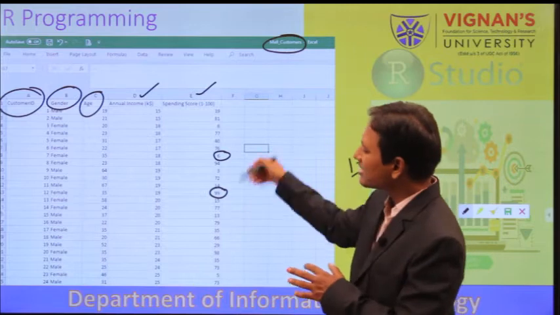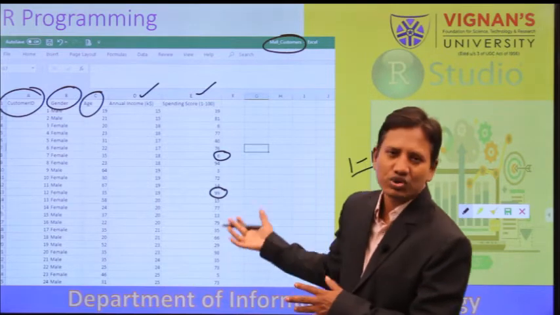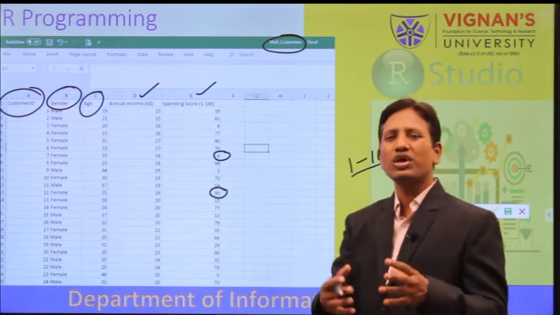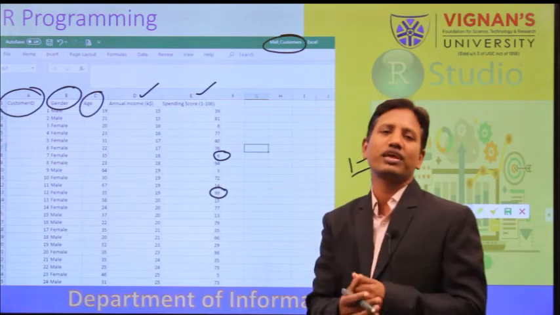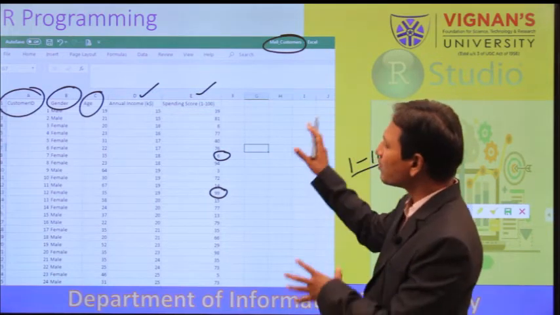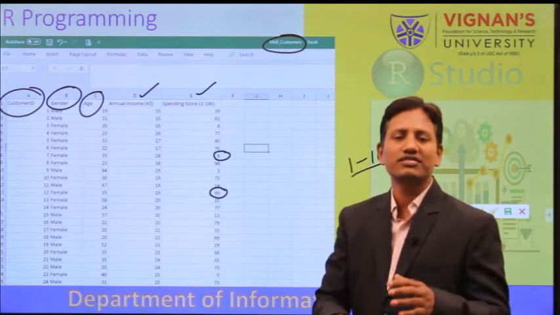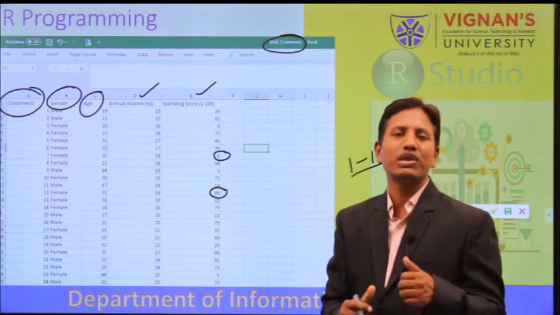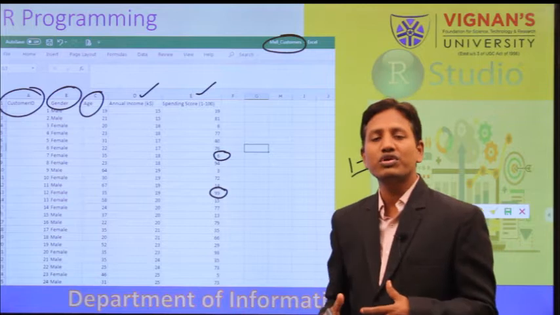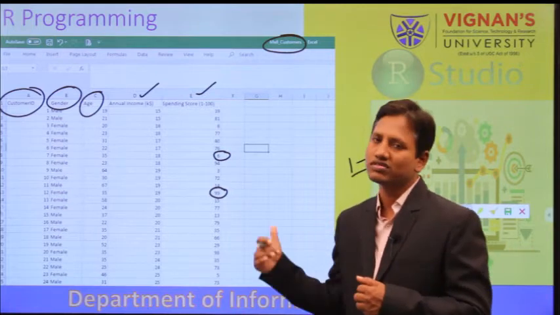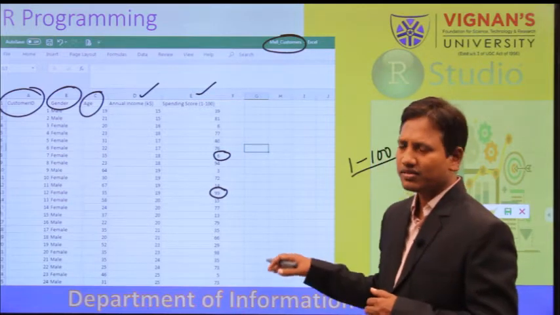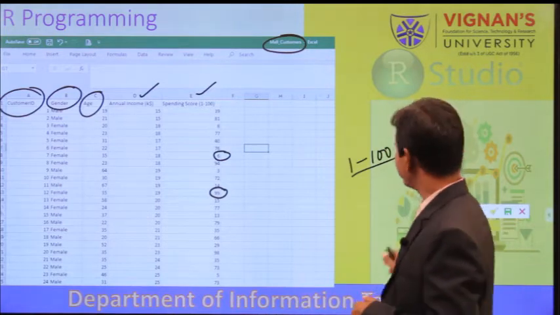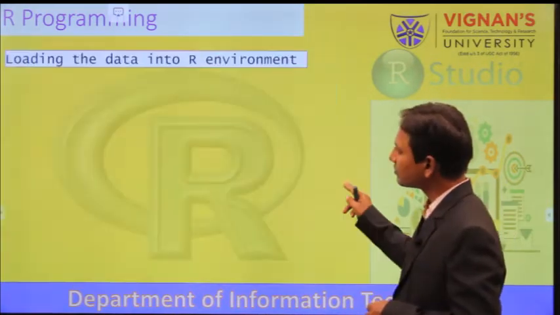By seeing 1,000 records or 1 lakh records or 1 crore records, we may not get anything useful. But if we convert this into graphs and some statistical values, then it is possible to understand something about this data. Let us see how we are going to do that.